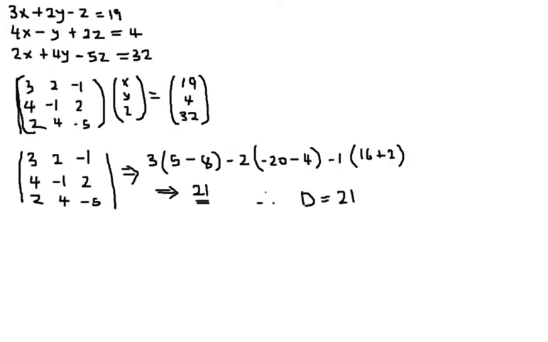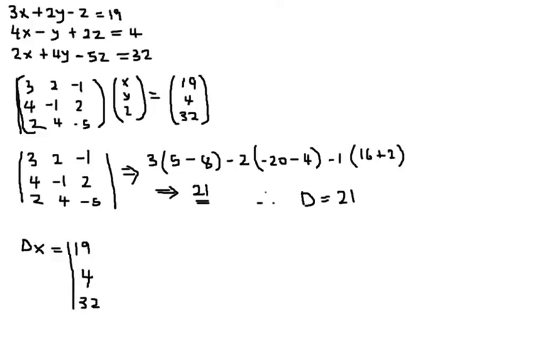So what we are going to do next is take the values of these results, 19, 4 and 32, and substitute them into the columns. We are going to take 19, 4, 32 and put them into the place of 3, 4 and 2. So now dx, the determinant of x, will be given by 19, 4, 32 in the first column.